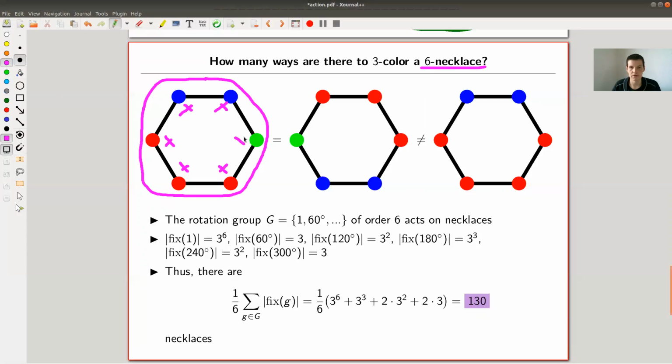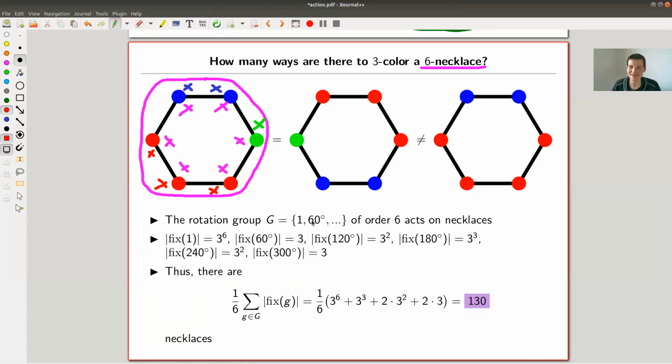And I don't have just a plain necklace, but a 3-colored necklace. My colors are green, blue, and red, and that's all the conditions I want. So it could be any necklace that you can color with 3 colors. You are completely free to choose the coloring of the vertices.